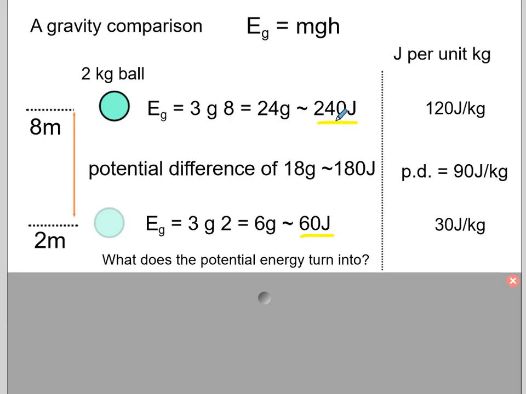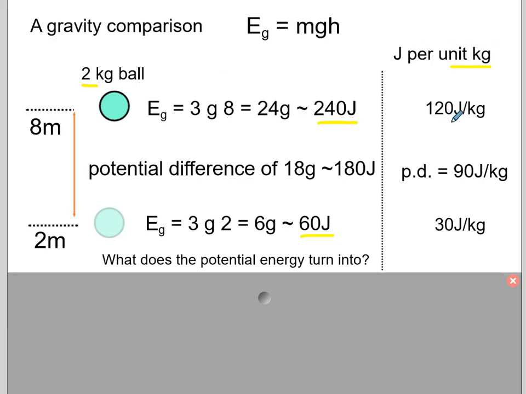So now there is a difference in potential energy there of 180 joules. So that difference in energy, okay, that's what a potential difference is. So when we talk about charge and electrons and voltage, it's this change or this difference in energy that we're going to be sort of relating to. Now if we take this energy and we divide it by how many kilograms we're working with, we get the joules per unit kilogram.